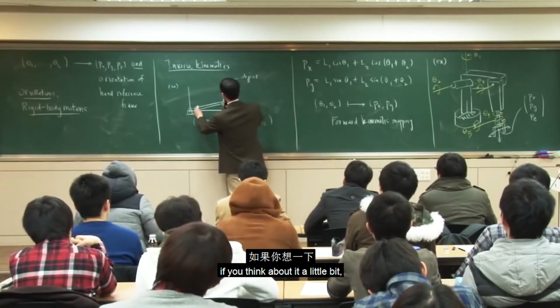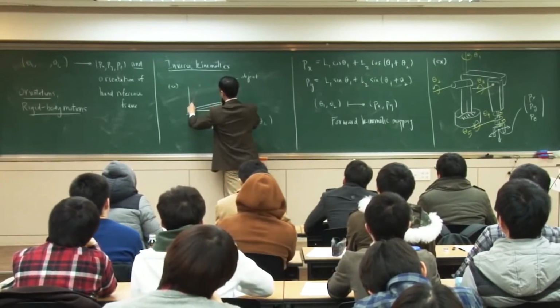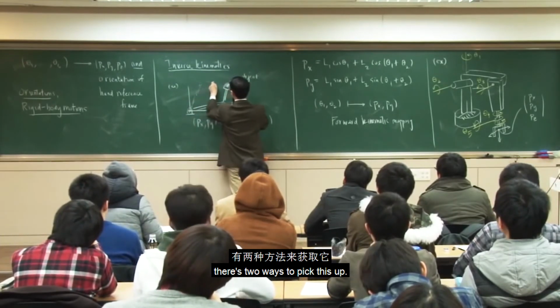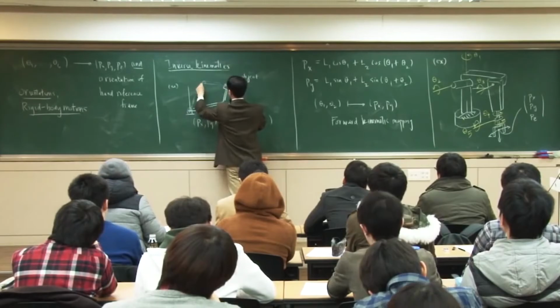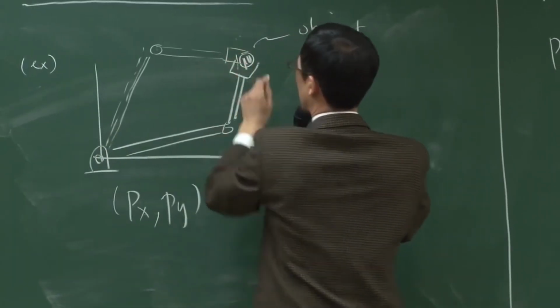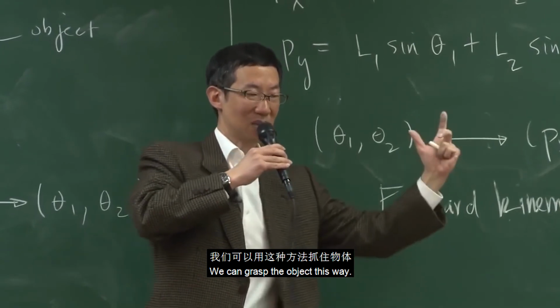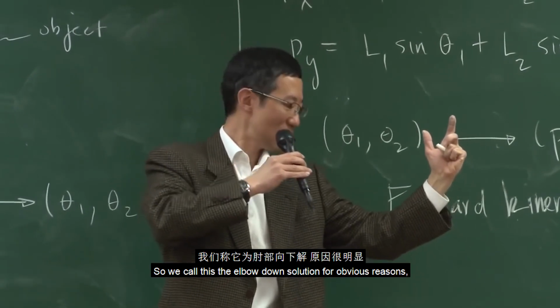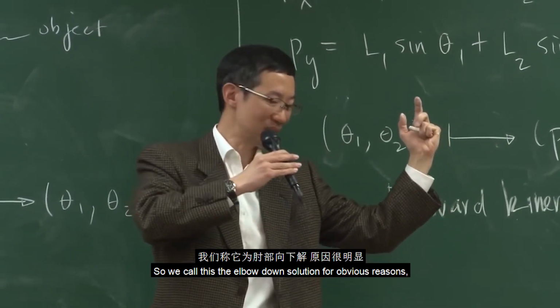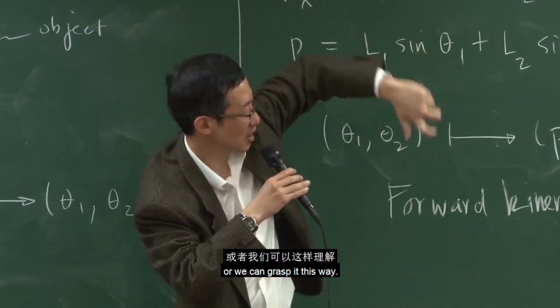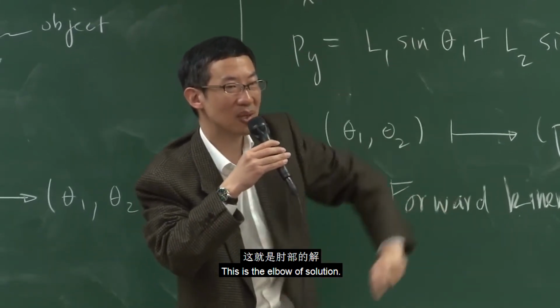Now, if you think about it a little bit, you'll see that actually there's two ways to pick this up. We can grasp the object this way. We call this the elbow down solution for obvious reasons. Or we can grasp it this way. This is the elbow up solution.